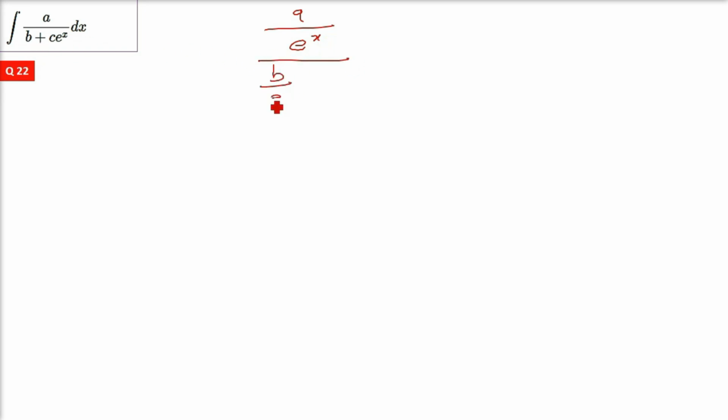Integration also is same. So if you divide numerator and denominator by e raised x, I am dividing everything by e raised x, numerator and denominator included. So this e raised x, when it goes up, it will become e raised minus x. And there will be a negative also when you differentiate. So this is the trick we are going to apply here.